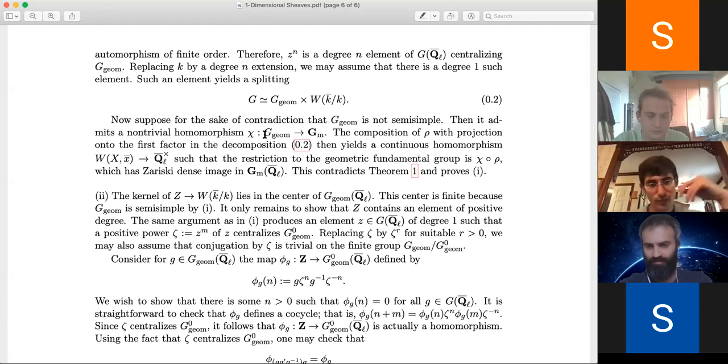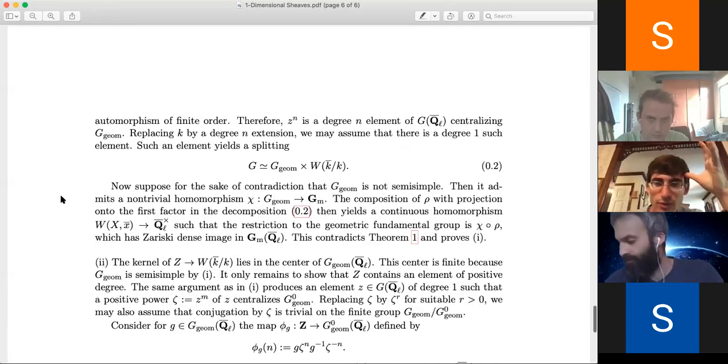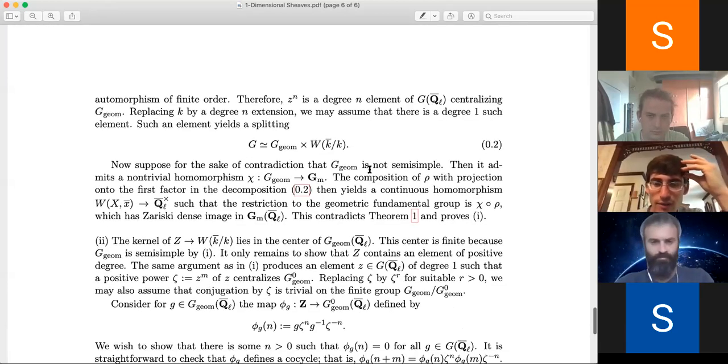And restriction to the geometric monodromy is exactly this character chi, which is a non-trivial character. So the restriction to the geometric fundamental group has Zariski dense image. It has infinite image, Zariski dense in GM of QL bar. And that contradicts theorem 1. Theorem 1 says exactly that this image must be finite. Okay, and that proves 1. So that contradiction shows that, in fact, it is semi-simple.